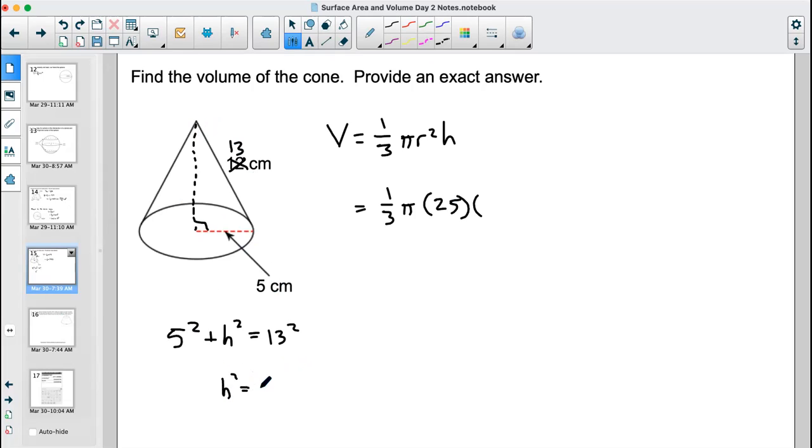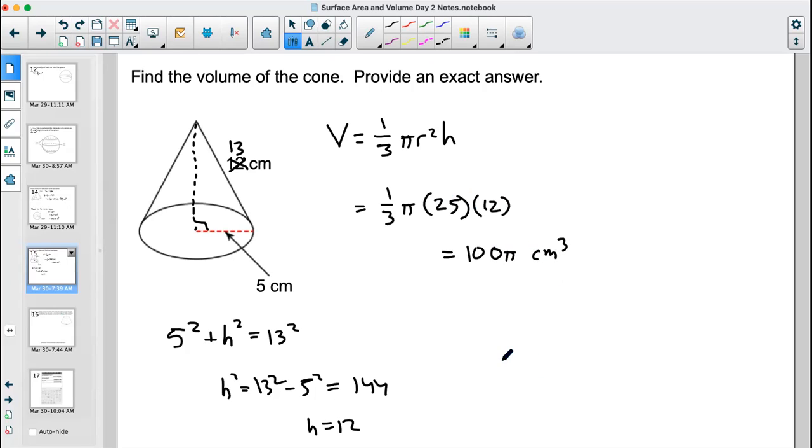So h squared is 13 squared minus 5 squared, which is 144, which means h is 12. So I have 1/3 pi times r squared times 12. 1/3 times 12 is 4, and 4 times 25 is 100. So it's 100 pi centimeters cubed.